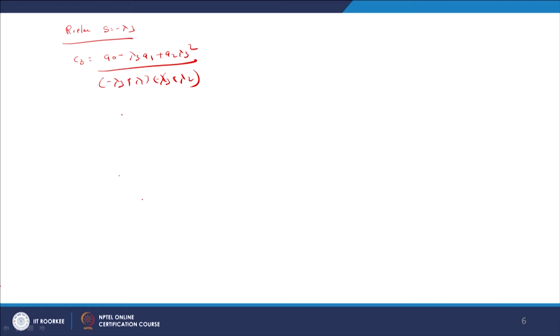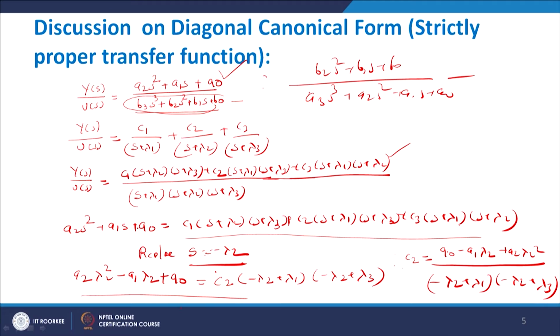Now, to get the value of C1, what is the option? Because here we have taken care of lambda 3 and lambda 2, since initially we replaced S equals to lambda 2 and S equals to lambda 3. So, now we replace S equals to 0. If you replace S equals to 0 in these equations, what will we get?